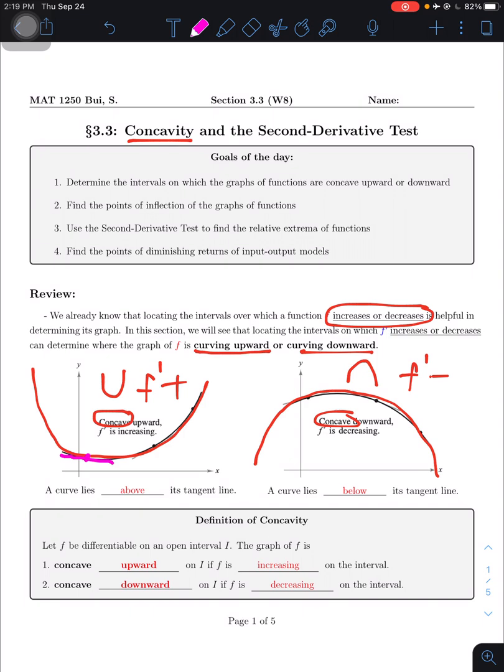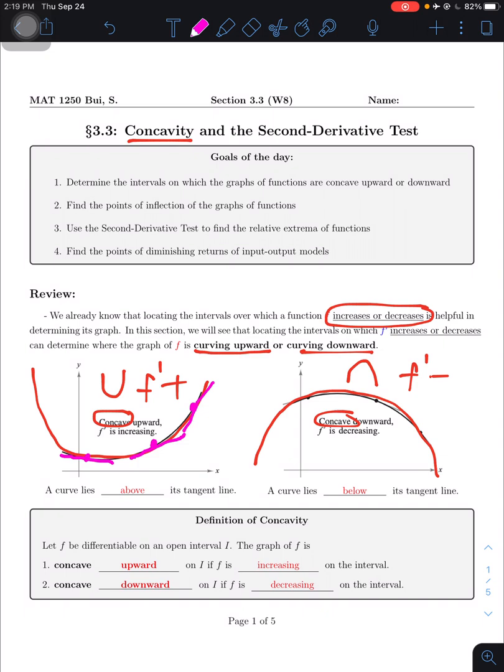Considering another point, same deal: the red curve lies on top of the pink line. Another example here, same thing as before, the red curve is on top of the pink line.